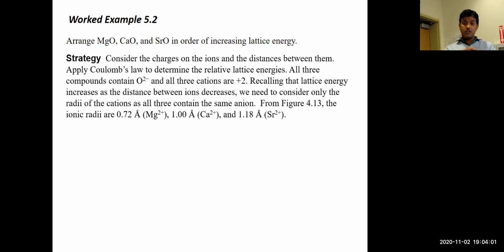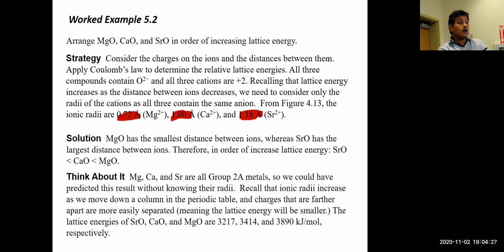Between magnesium, calcium, and strontium, magnesium has the smallest ionic radius. So the one with the largest lattice energy is the one that has the smallest ionic radius, when everything else is common. So magnesium oxide should have the largest lattice energy compared to calcium oxide and strontium oxide.